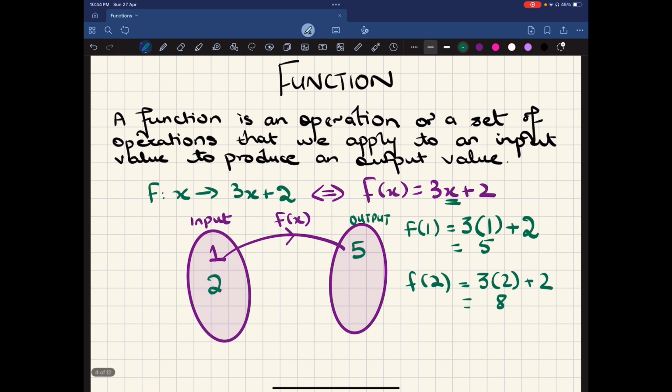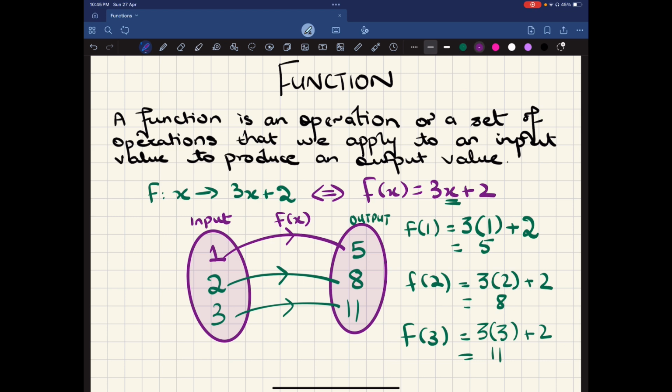So if we have 2 as input, the function will give you 8 as the output. To find f of 3, it means that we are going to substitute 3 in place of x to find the value of the function. So 3 into 3 plus 2, 9, 11.